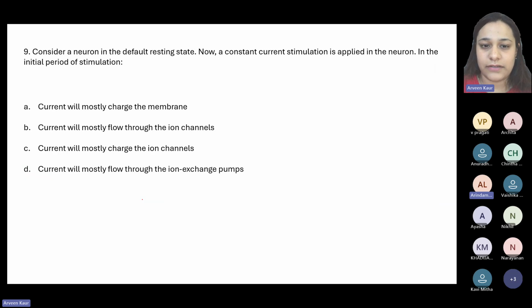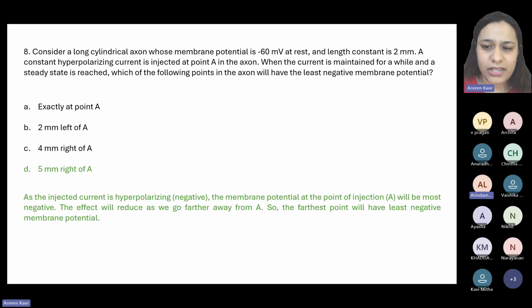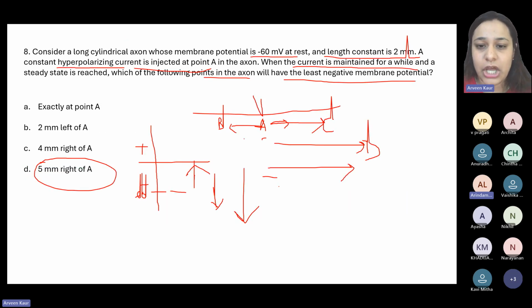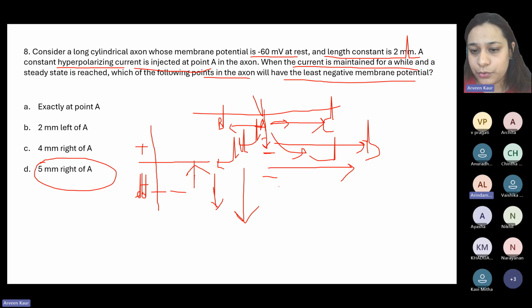If a current is coming in over here, the maximum current will be at this point. As it goes further along, it will dissipate a little, and then furthermore. So the current reaching the farthest point will be the least, so it will be the least affected. That will be the least negative, because negative current is being given here.